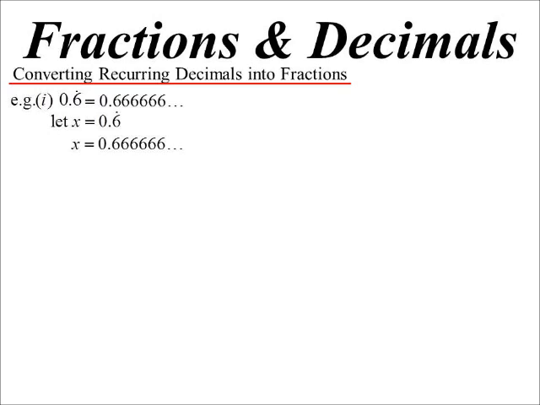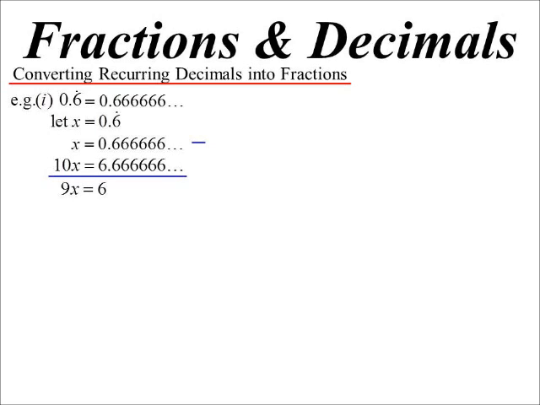Now basically I want to get rid of this repeating part because I want to come up with something definite. So what I do is multiply it by 10. Move the decimal point 1 place, and I get 6.66666666. Now, whilst those 6's are going on forever, they're going on forever in both numbers, so I can subtract. And when I subtract, I'll just be left with 9x is 6.